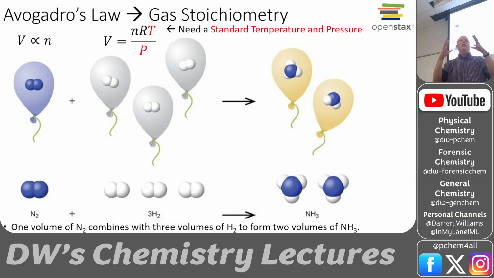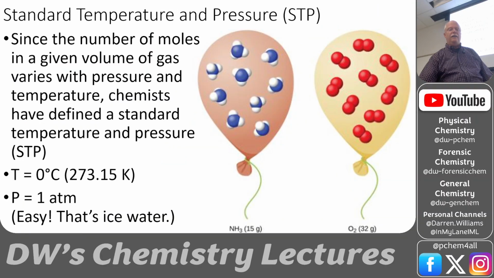But the problem with volumes of gases is they're temperature dependent. So if you don't control the temperature, and they're pressure dependent. So if you do this on one day and then a cold front comes through and the atmospheric pressure drops, then your gases are going to expand. And so they're pressure and temperature dependent. So we need a standard temperature and pressure. And so we've set that standard temperature and pressure to ice water.